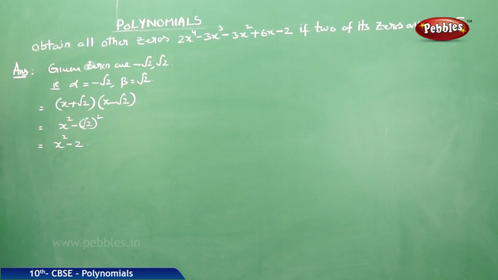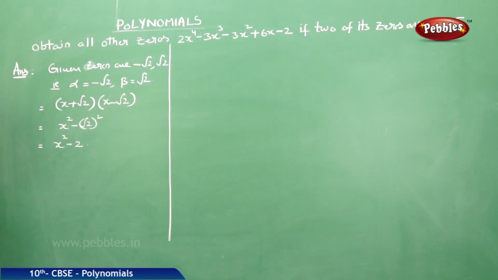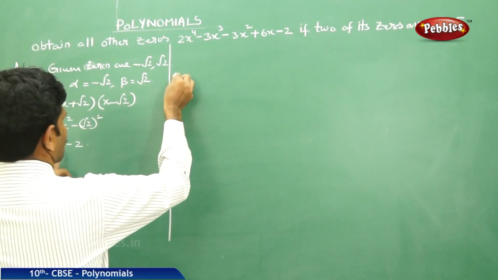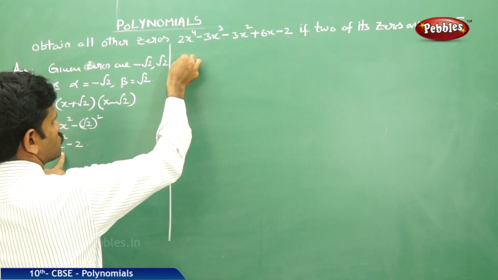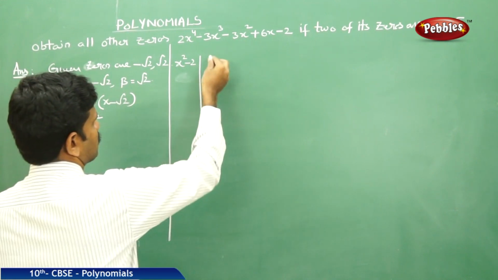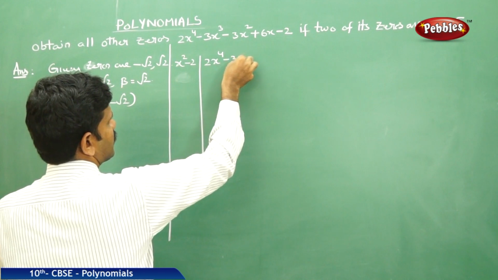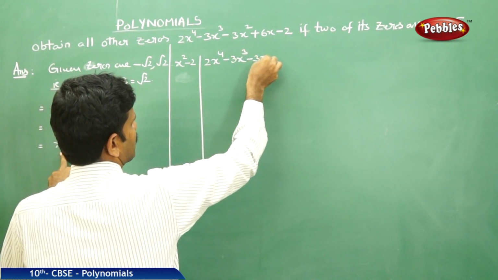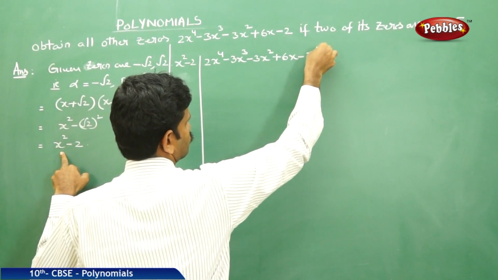Now let us consider C. With the help of x square minus 2 you divide this part: 2x power 4 minus 3x cube minus 3x square plus 6x minus 2.